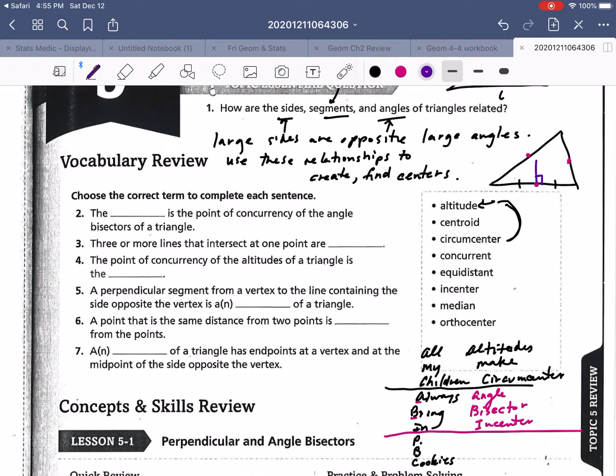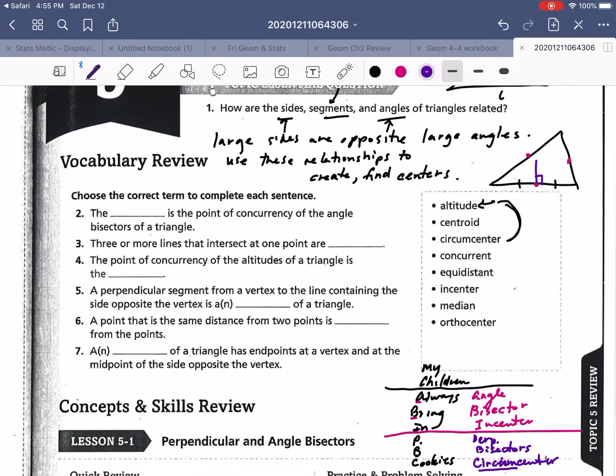And what else? We know perpendicular bisectors make circumcenters. So I have forgotten this. That's why I have a memory tool. So altitudes... oh, I got my memory tool wrong. Okay, let's take this back a minute.